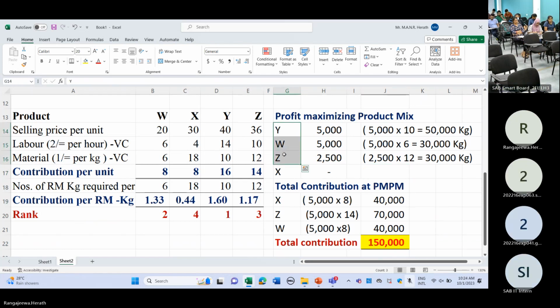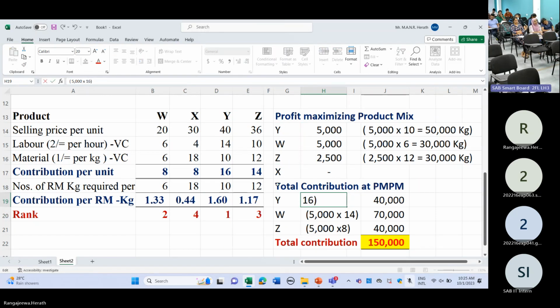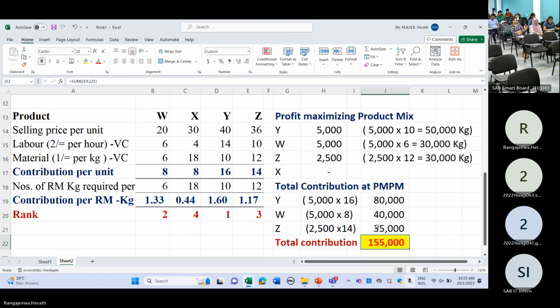Now the contribution: Y contributes 16 per unit, 5,000 into 16 is 80,000. W contributes 8, so 5,000 into 8 is 40,000. Z only 2,500 at contribution per unit 14. Total contribution here is 155,000.